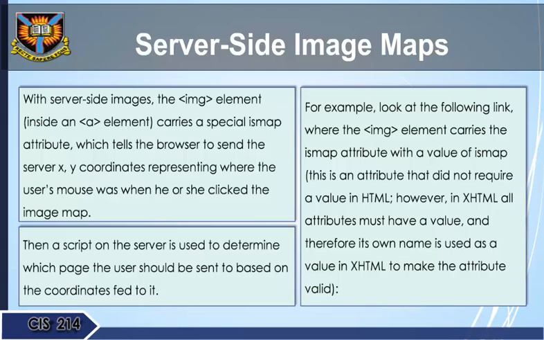For example, look at the following link where the img element carries the ismap attribute with a value of ismap. This is an attribute that did not require a value in HTML.